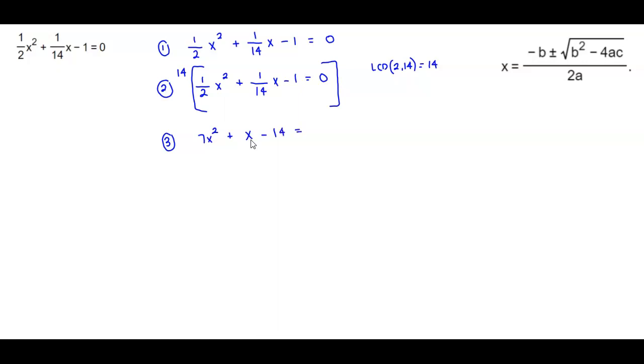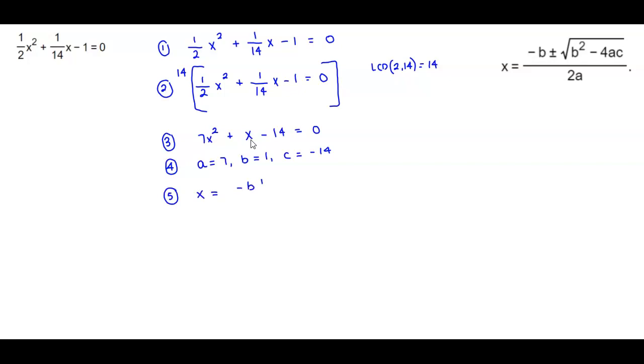And then 14 times 0 is 0. Now we've made it a little bit easier on ourselves to use the quadratic formula. So A is going to equal 7, B is going to equal 1, and then C is going to equal negative 14.